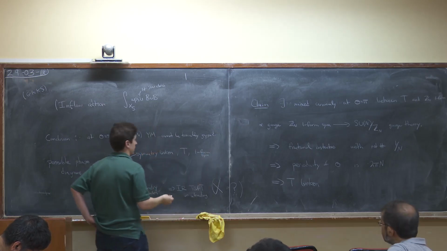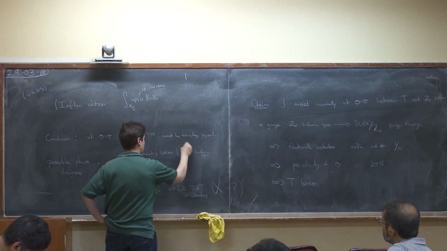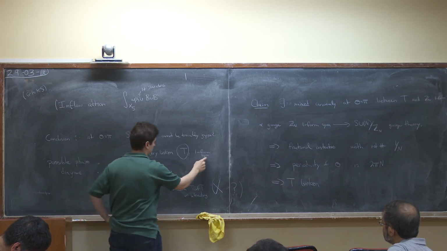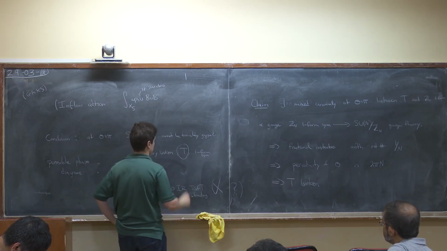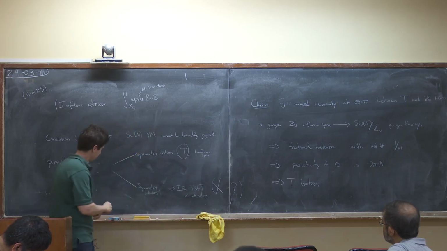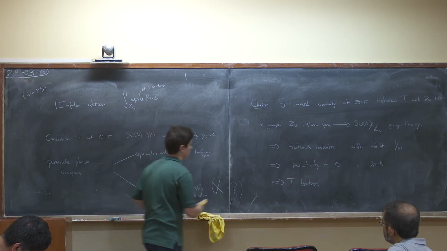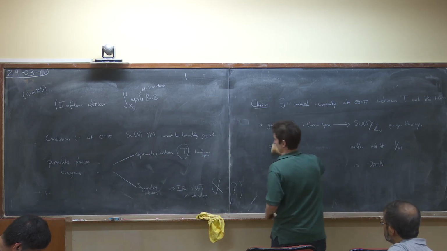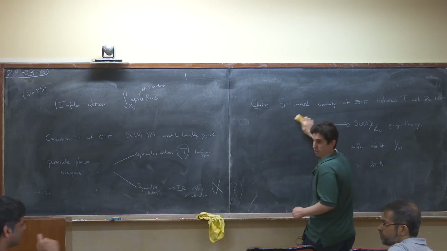And now I'd like to advocate that this is what happens, at least under some plausible hypotheses. This is what happens, and this does not happen. This is not broken, that is. As Shiraz was just reminding us, that's what indeed occurs for large n.